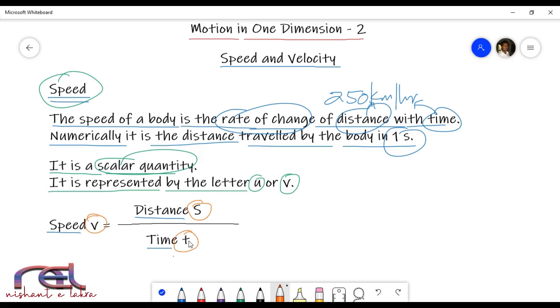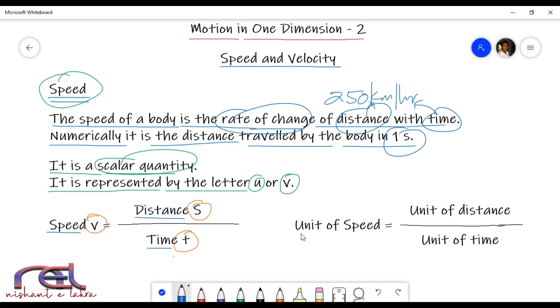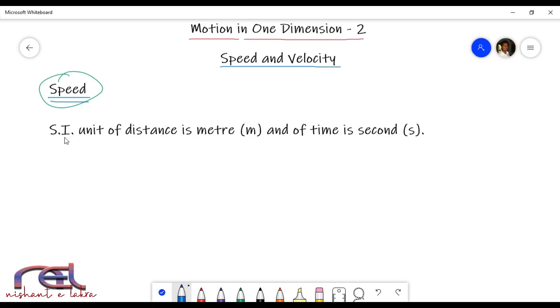Now you have to remember that displacement also is represented by capital S. And how do we know the unit of speed? Unit of distance by unit of time. In this example, the unit of distance is kilometer and the unit of time is hour. That's why it is called kilometer per hour. I hope you're understanding this.